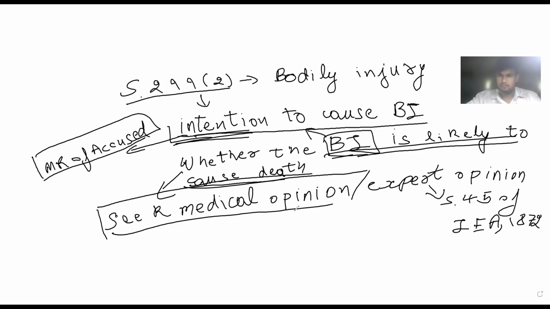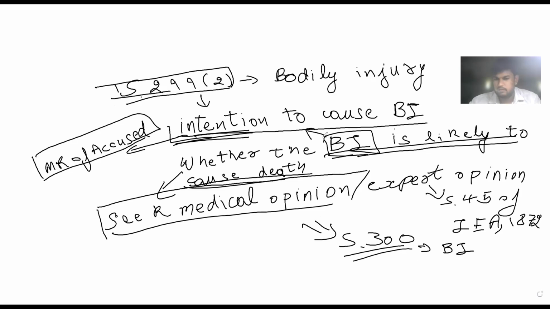Once these two are proved, then we'll move into section 300. And since we have bodily injury here, since we are coming from section 299 clause 2 which talked about bodily injury, therefore we will now examine section 300 secondly and section 300 thirdly.